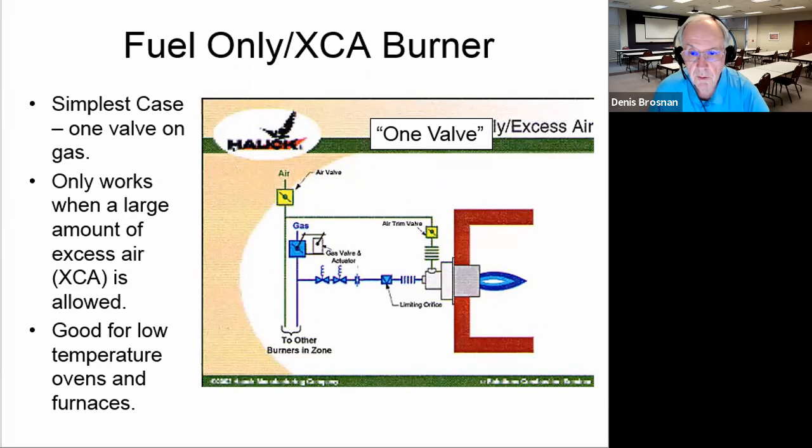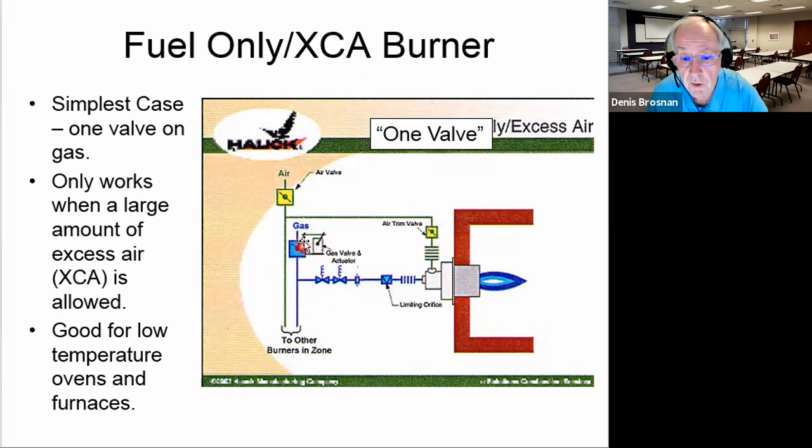Now, step forward in an excess air burner. Remember, an excess air burner puts out a lot of hot air into an enclosure. It's used for lower temperature ovens and furnaces. And in this case, we are controlling the gas that's going into the system. Here's a gas control valve in the system, and we're just using a lot of air.